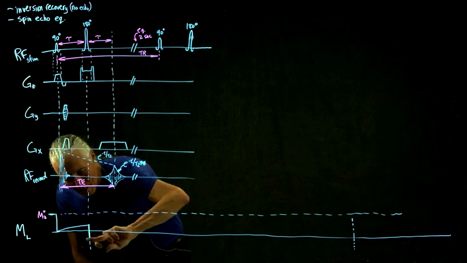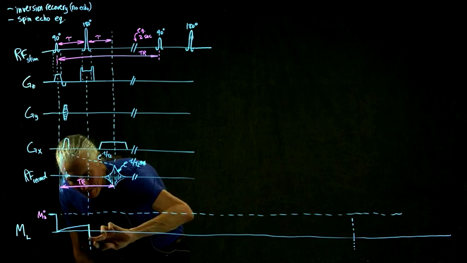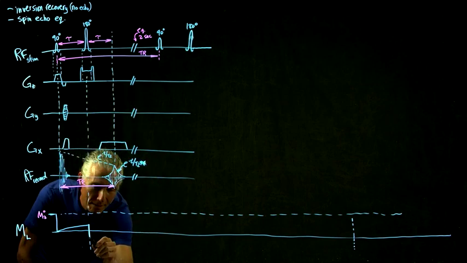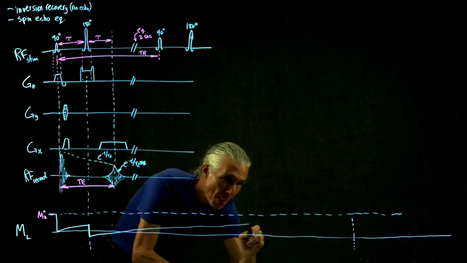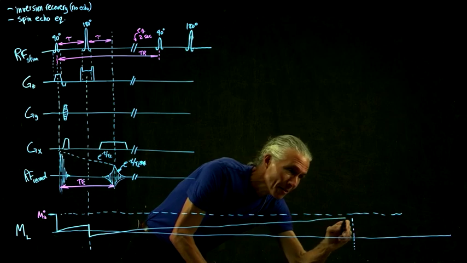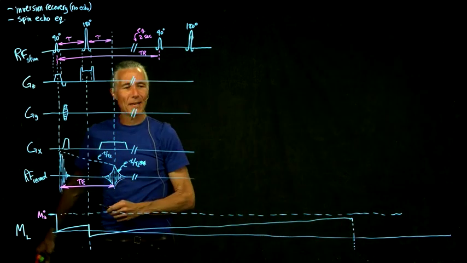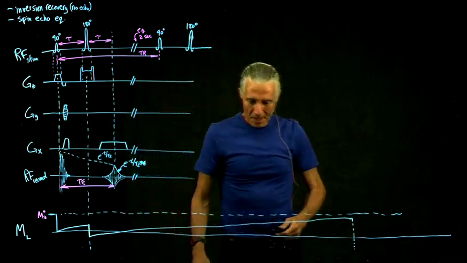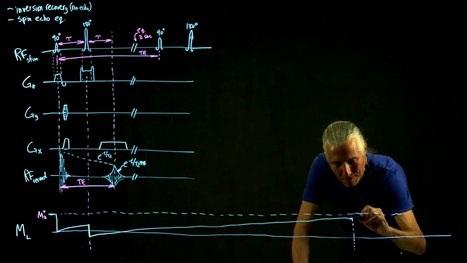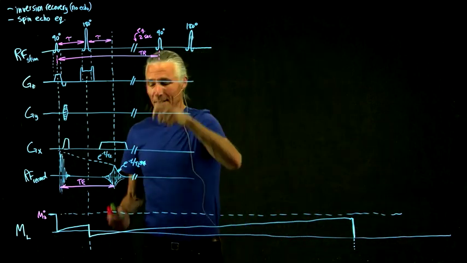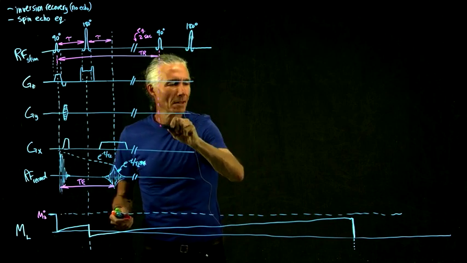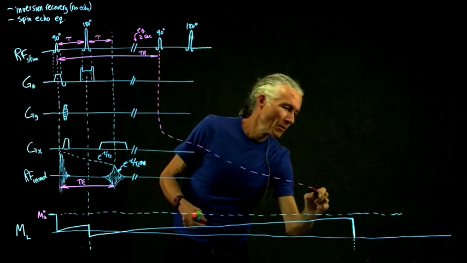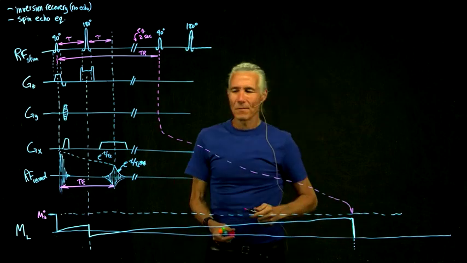Okay, so then we take the negative of it, and then we slowly recover. Up to about like that, not all the way. Okay, so now what we do is we do another 90, because that's this guy here. So let's put this guy there.